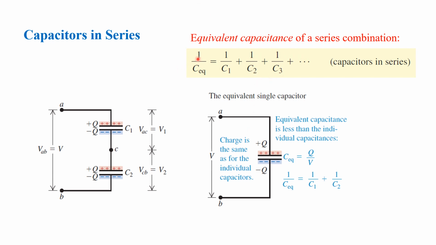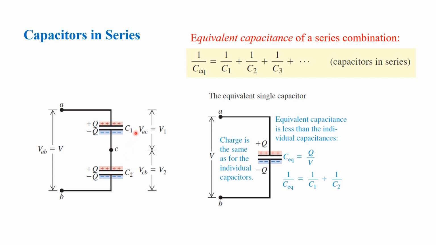You have 1 over C equivalent equal to 1 over C1 plus 1 over C2 plus 1 over C3, up to however many capacitors you have in your circuit. This is for your capacitors in series. In order to get your C equivalent, you just take the reciprocal of your 1 over C equivalent, and then you get the equivalent capacitance of your circuit.